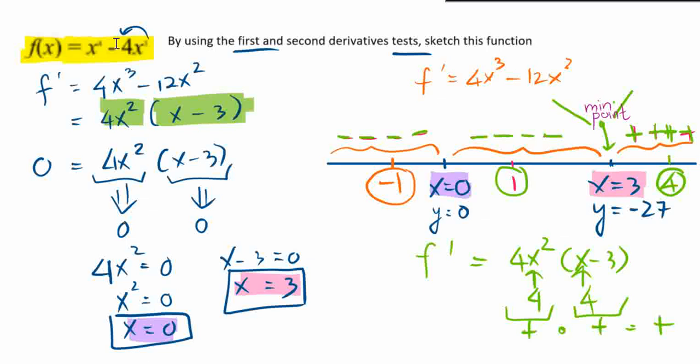If we substitute x with 3, because 3 is the minimum point, we will get y equals negative 27. If we calculate with a calculator, 3 to the power 4 minus 4 times 3 cubed, we get negative 27 as the minimum value of this graph.